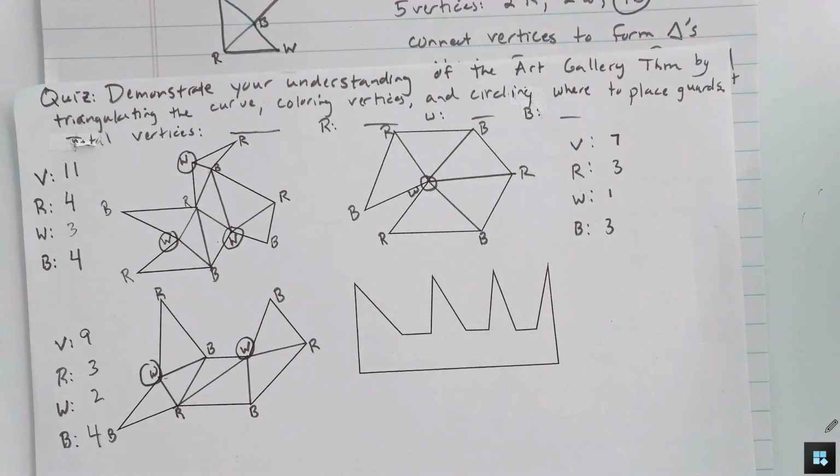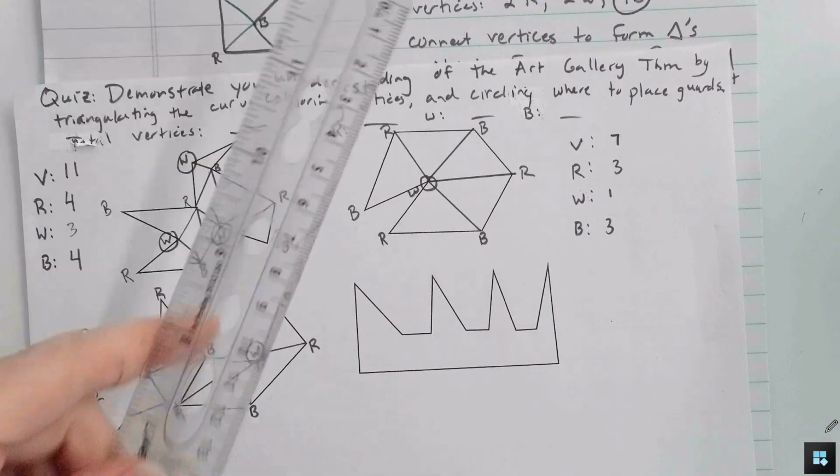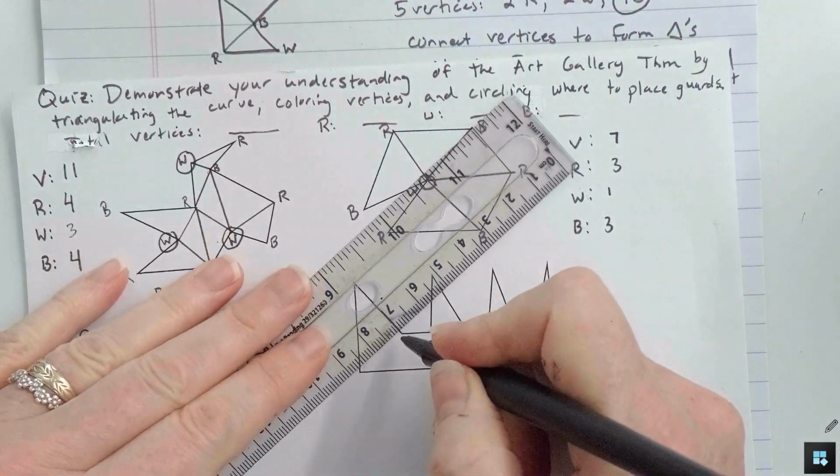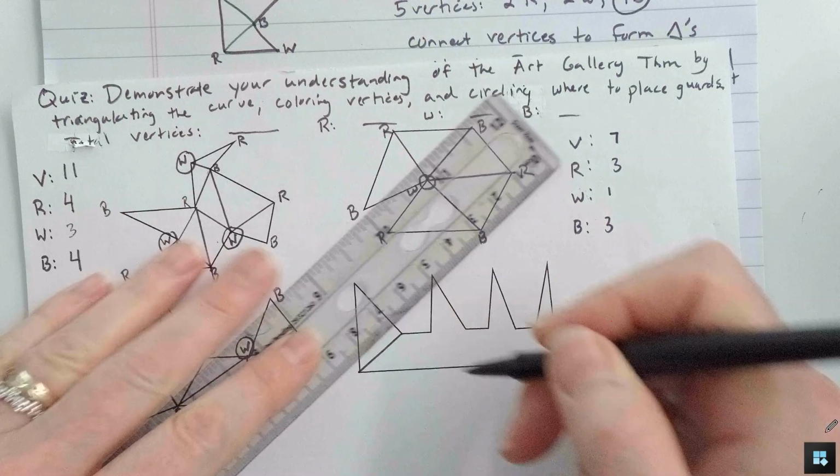So the first one was a little easier. It only needed the one camera. This one's harder. There's more than one way to do it, but you pretty much make a whole bunch of triangles in the bottom.